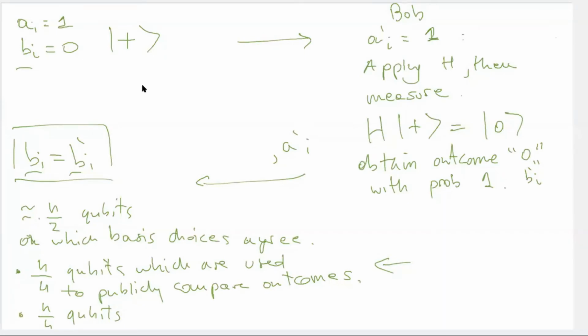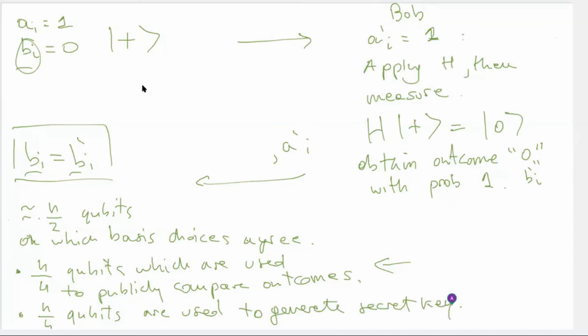Whereas for the remaining n/4 qubits, the outcomes b_i and b'_i have not been shared publicly, and these are used to generate the secret key.